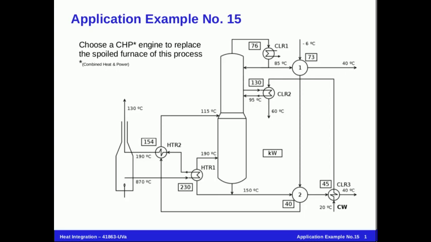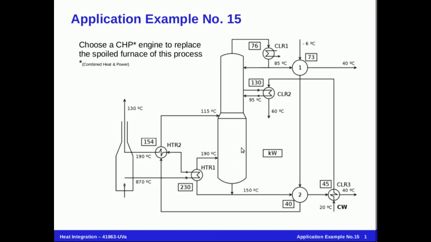As cold streams, we have the reboiler, this bottom stream that goes from 150 to 190, and we know that this must be taken in two chunks, one from 150 to 190 and the other flat at 190. This is a variable temperature boiling stream that is probably linearized on the safe side.